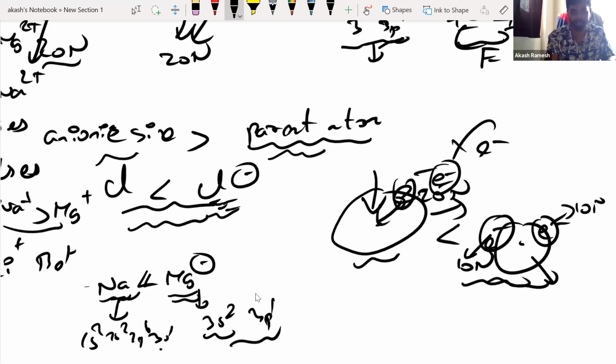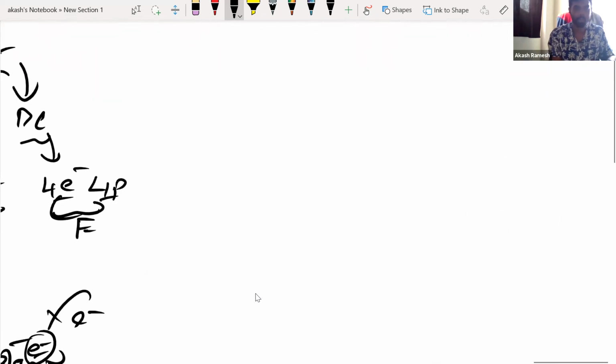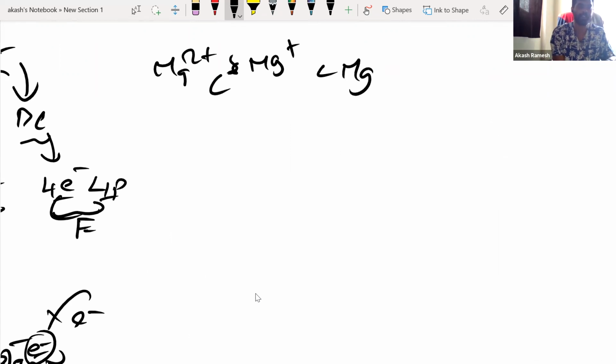This even continues. I told you that Mg2 plus will have lesser size than Mg plus, and Mg plus will have lesser size than Mg. Now this holds good even for anions, in the sense that if I compare O2 minus, O minus and O, the more and more electrons you add, the more and more the size.